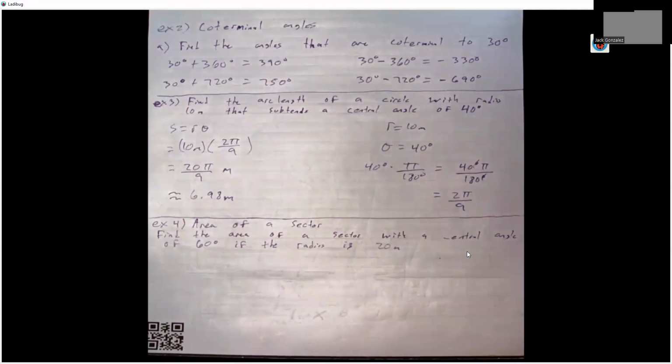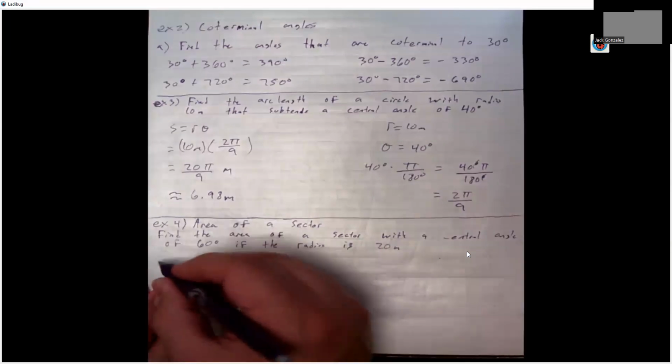Find the area of the sector with a central angle of 60, if the radius is 20 meters. Here's a formula.